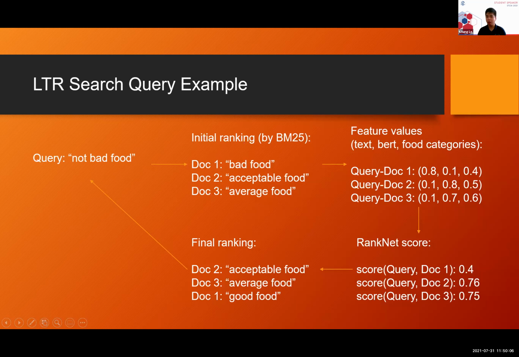So these feature values will be used by our RankNet model to perform the re-ranking and calculate the final score to make the re-ranking based on this score. As a result, we will have the final ranking as in the last step and in the correct order that we want, which is document 2, document 3, and finally document 1.